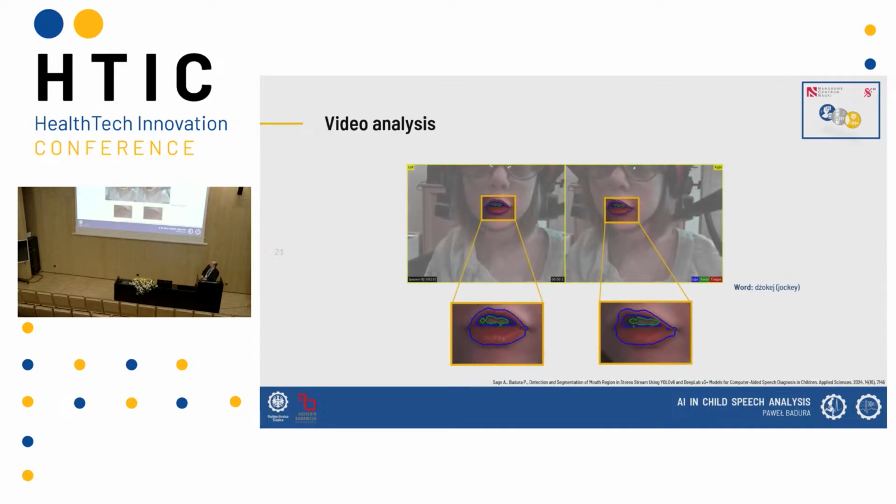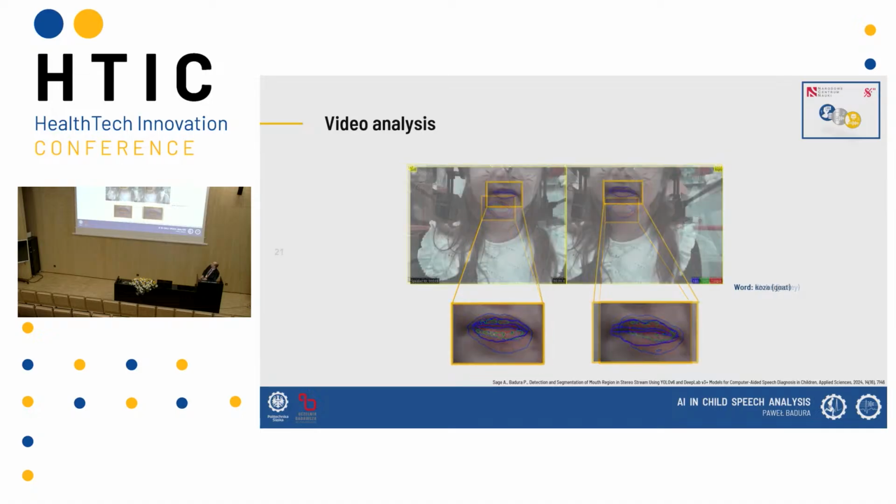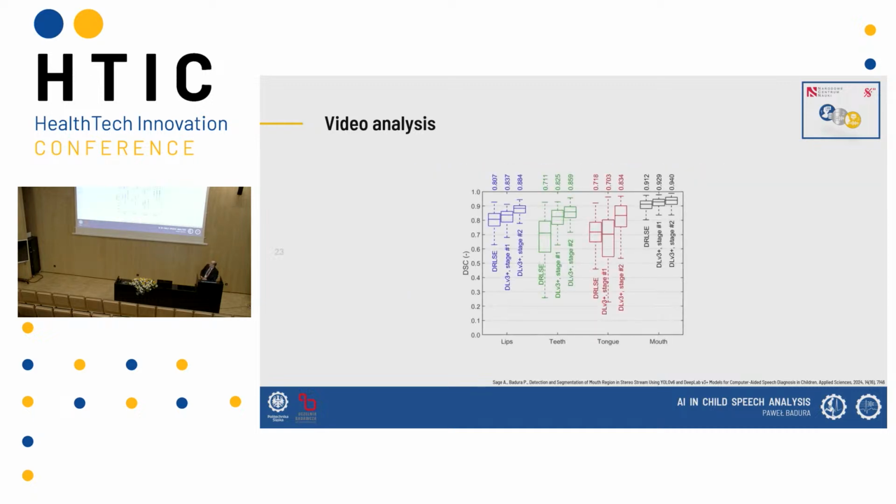Okay, again, some examples with the word jockey and the word koza, which is the goat, greatest of all time, right. I have just a few results. The results of the segmentation are given here, with the final segmentation results of this 3-step pipeline, with indices with medians over 0.83 in all three basic organs, and with the mouth it went even higher because it's way easier to delineate the entire mouth.